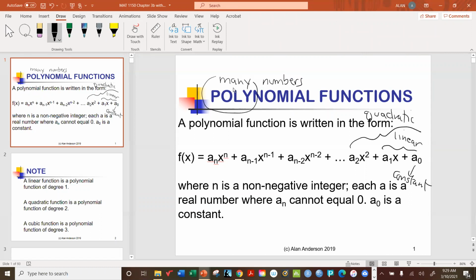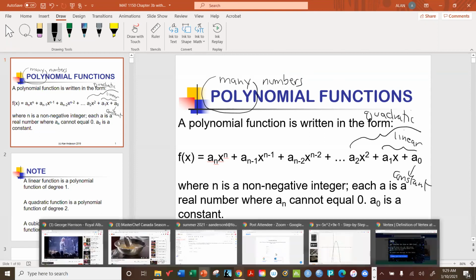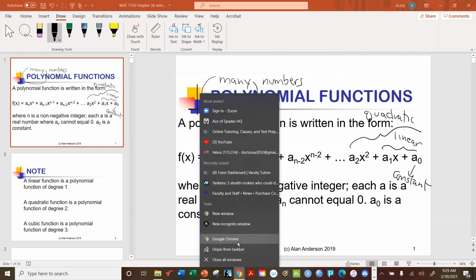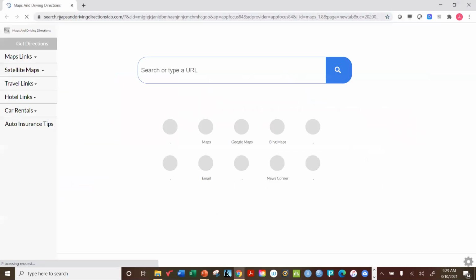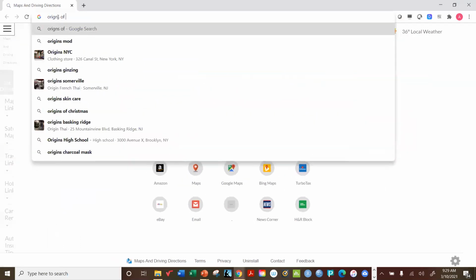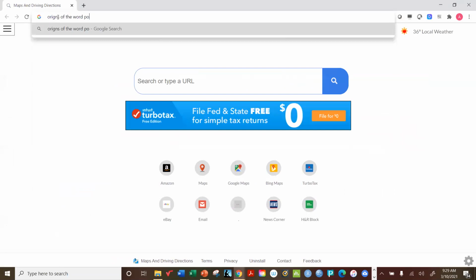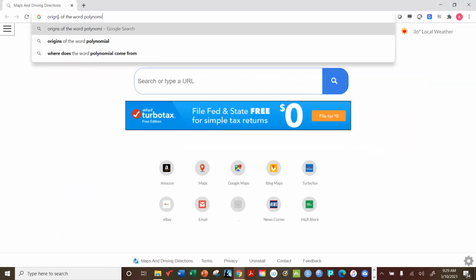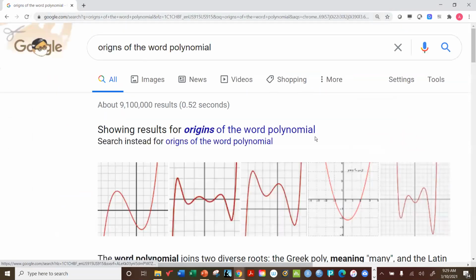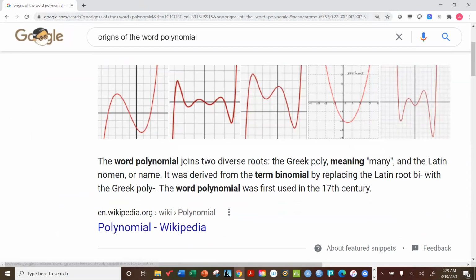Poly is many. It might be Greek. A lot of math words come from Greek rather than Latin. In fact, why don't we do this? Because we can, just because we can. It joins 2 diverse roots, the Greek poly meaning many and the O, and it comes with Latin. It means name. It's often used to represent numbers.